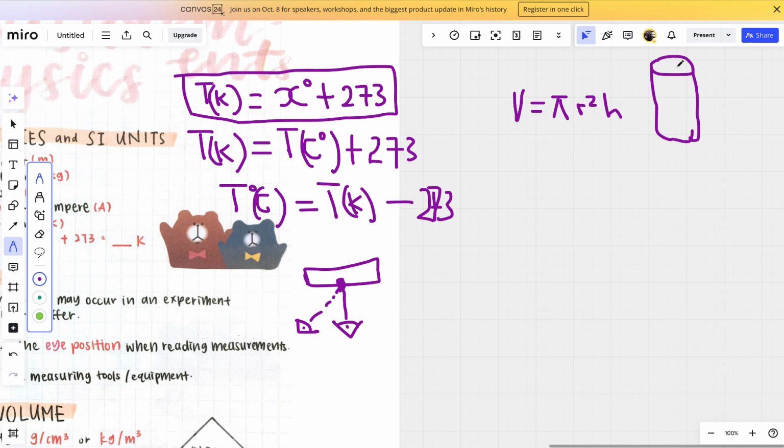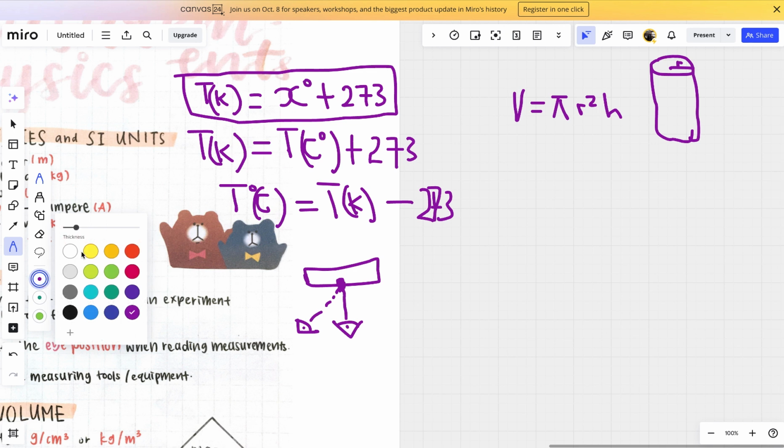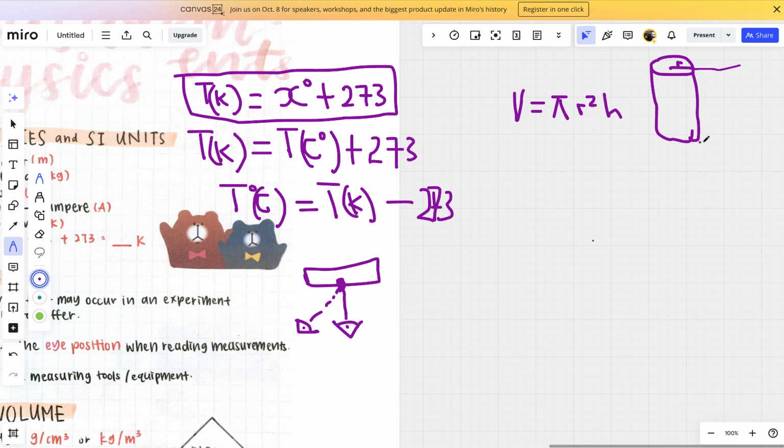Here is the radius R. Here is the height from here to here, H, or you can call it L. It doesn't matter whether you call it L or H.